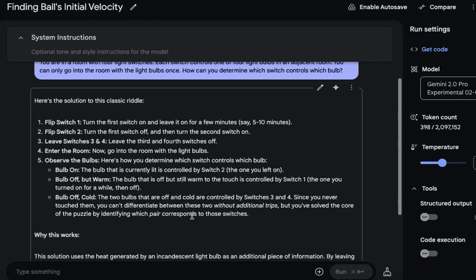The trick is that you can tell the difference by heat, right? There is a temperature difference if you turn one on for a longer time. So that's the trick.